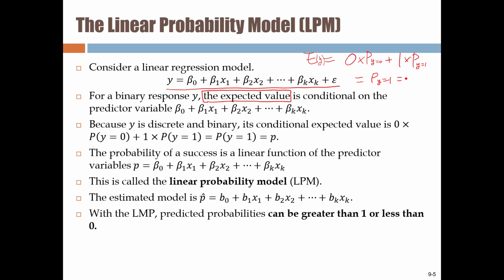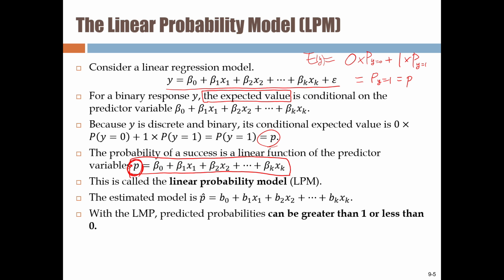And we call this p the small p, the probability that y equals 1. So that's why this is a simple probability here. What we are trying to find out is the probability of y equals 1.